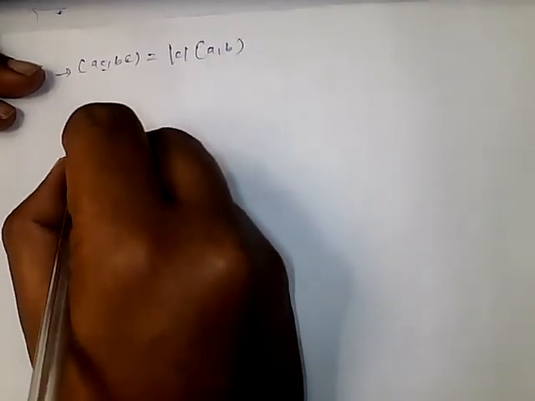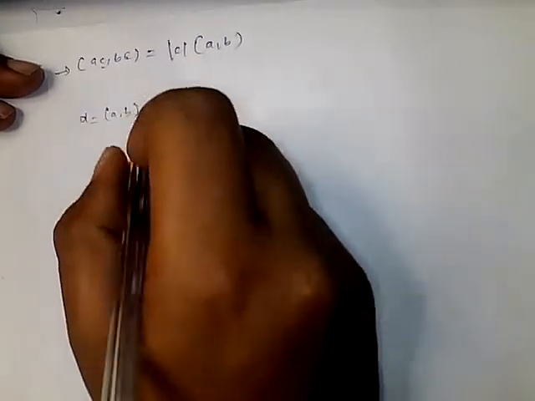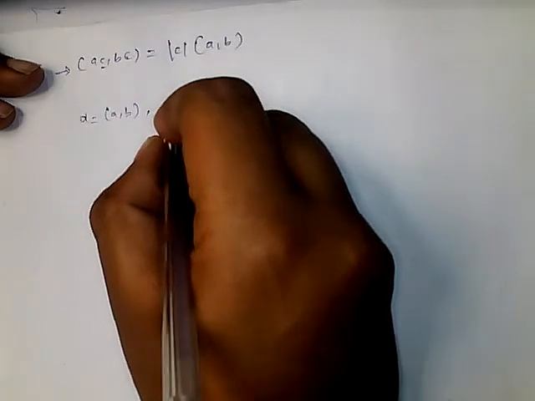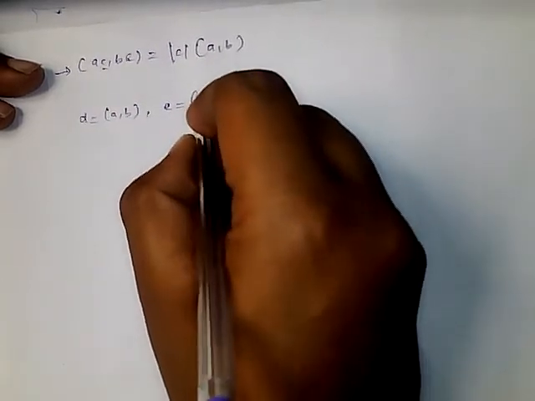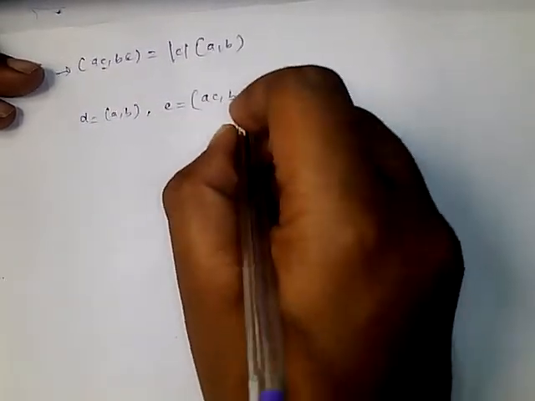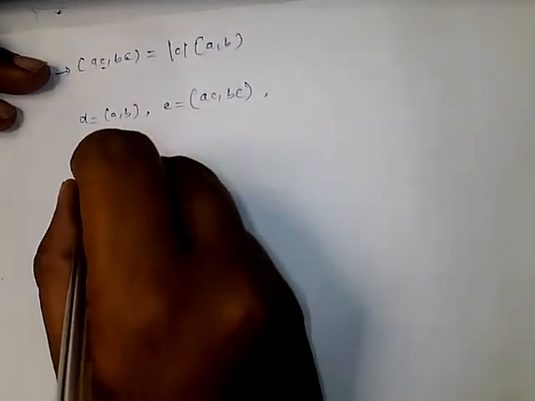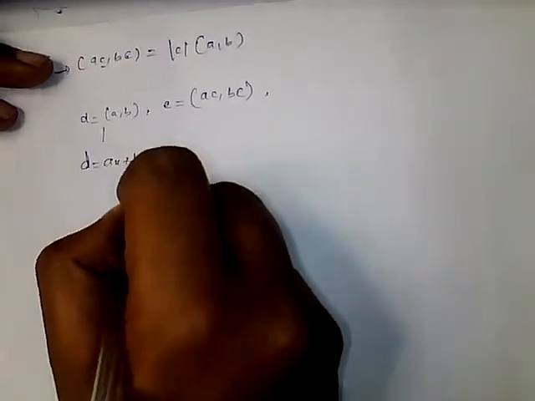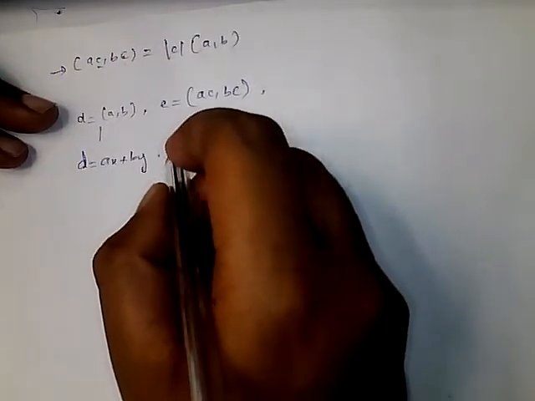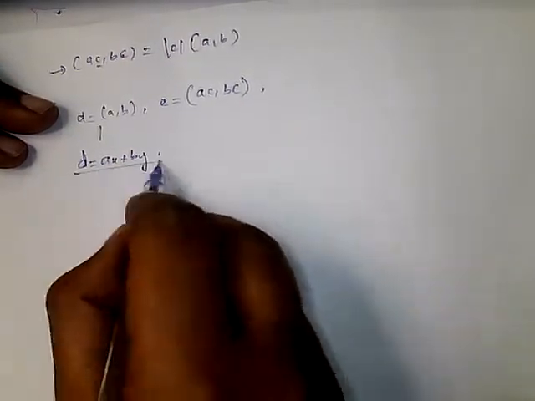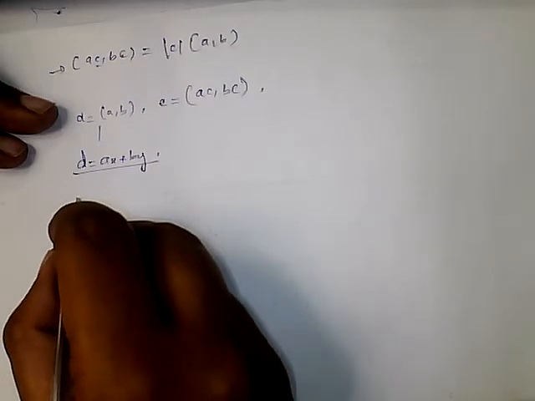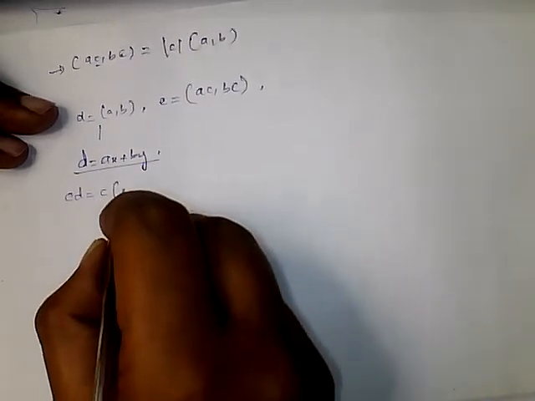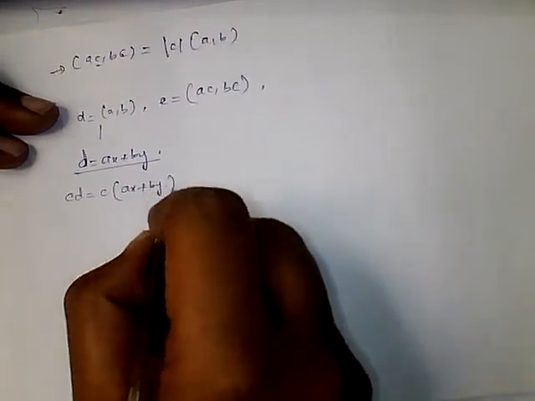First we assume that d equals the GCD of a comma b, and the GCD of this entire expression is equal to e. From here I get the linear combination, d equal to ax plus by. I can multiply this with c on either side, and I get cd is equal to c times ax plus by.